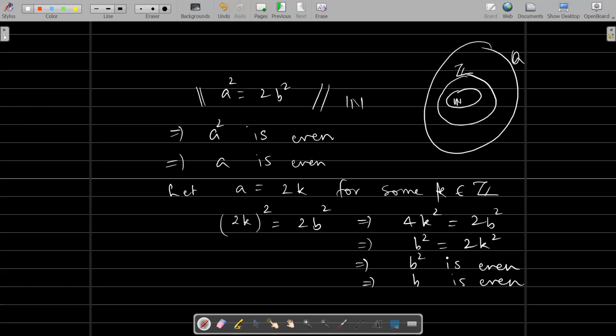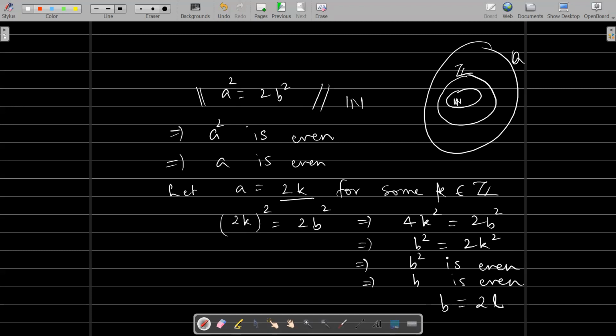Yeah, but that is a contradiction, sir, because a is even and b is also even, but we have assumed that the GCD of a and b is 1. So they both can't be even. Like we have written a as 2k, on the same lines we can write b as 2 times some l.